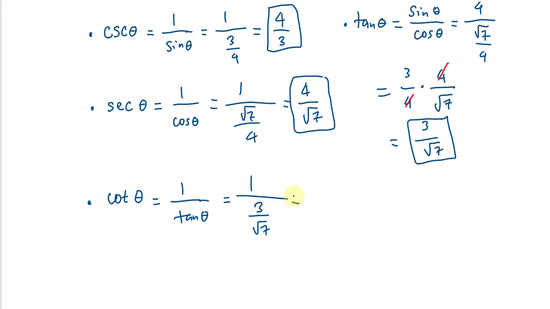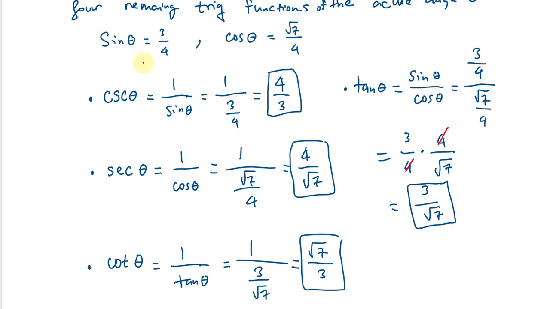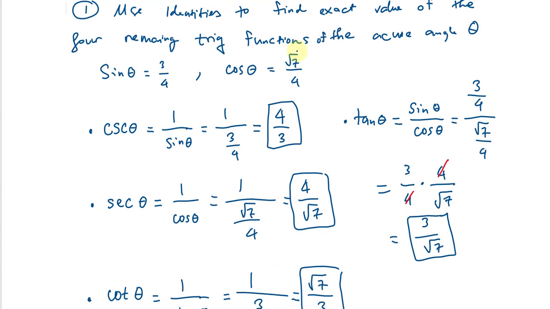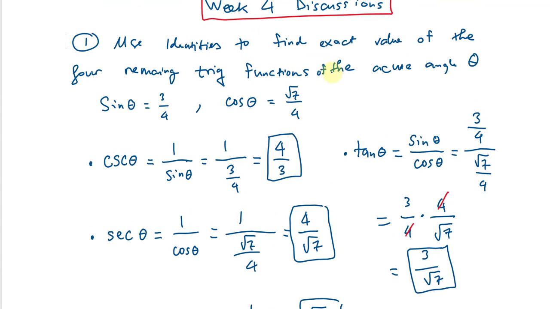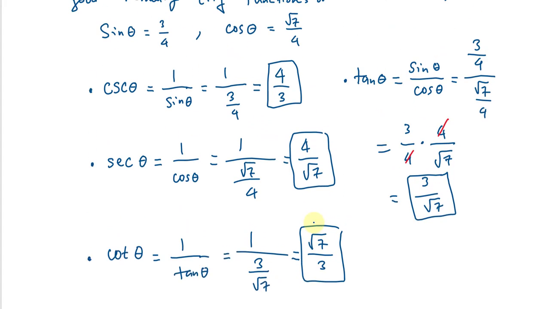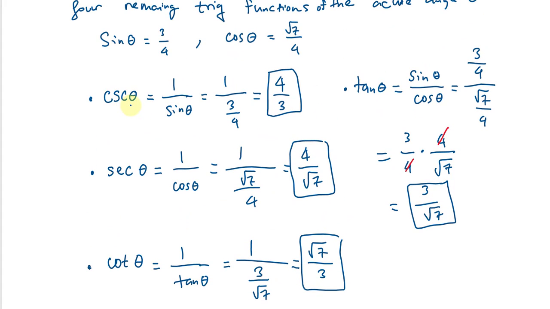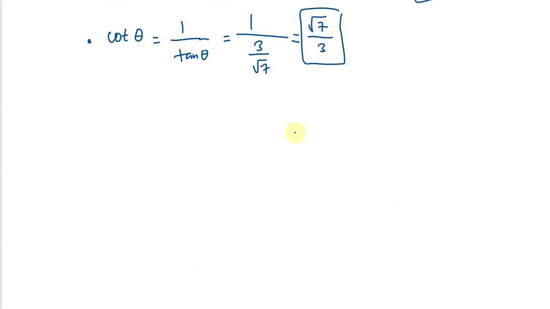So 1 divided by that is multiplying by the reciprocal, the square root of 7 over 3, and that is the end of this problem. So we are given 2 values. We are asked to find the remaining 4 trig functions. Okay, so that's the first problem.